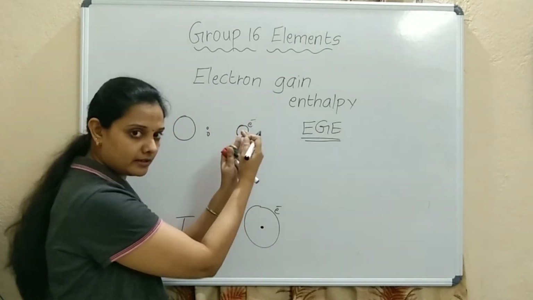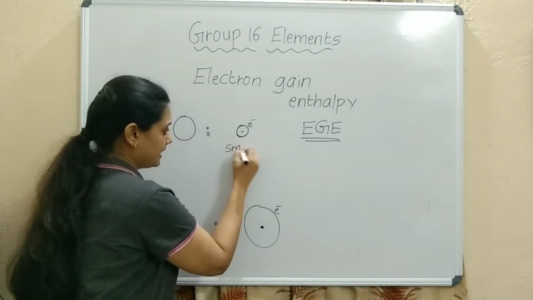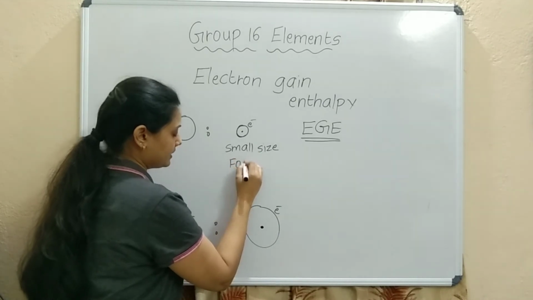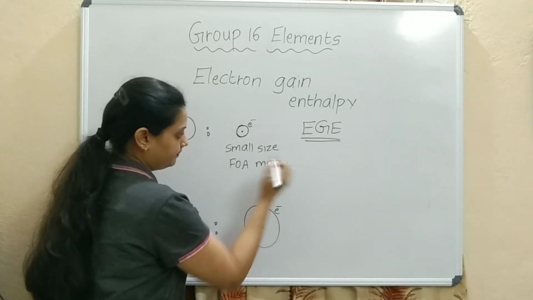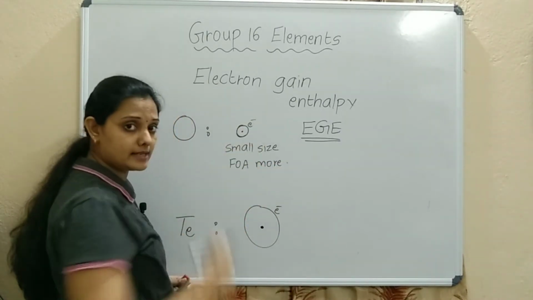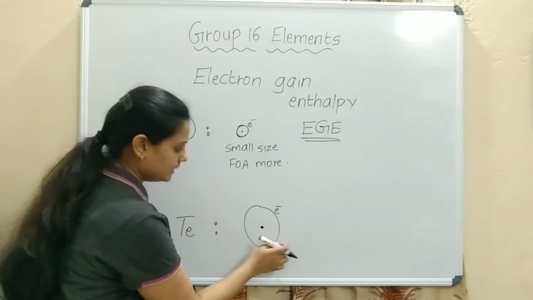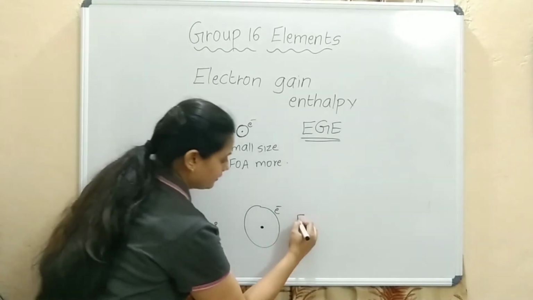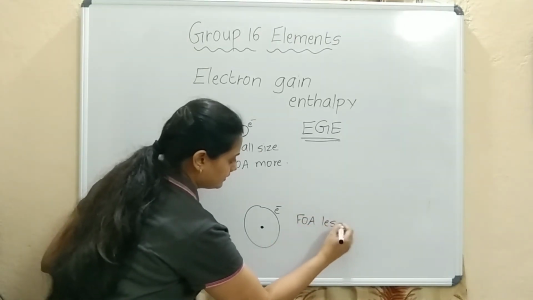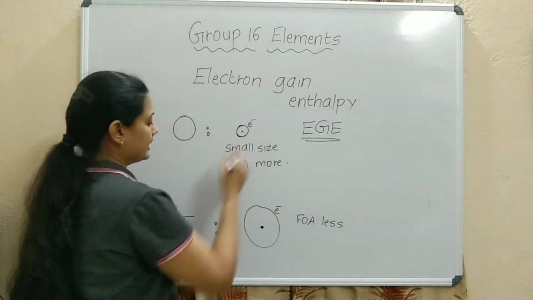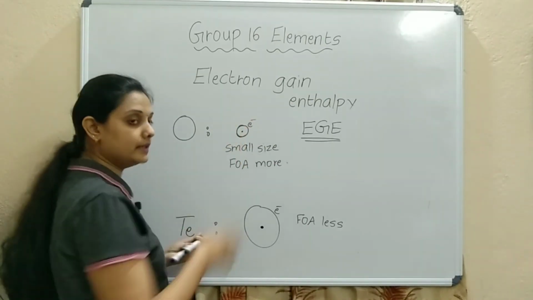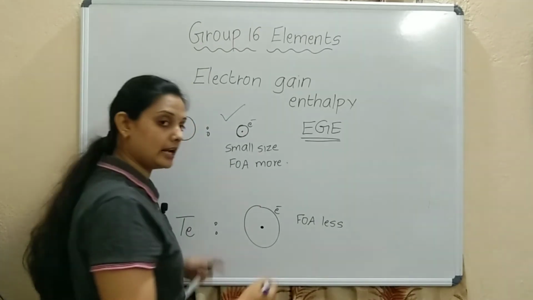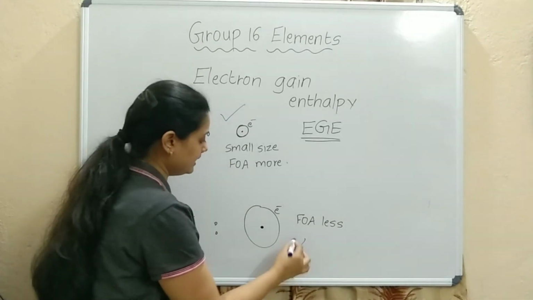Why? Because they are very near. One thing is the small size of oxygen. Correct? Force of attraction will be more. They are very near to each other, the nucleus and the incoming electron. Think in this case what will happen? The size is big. Force of attraction is less. So here the electrons can be held very easily, but here the electrons cannot be held by the nucleus very easily.